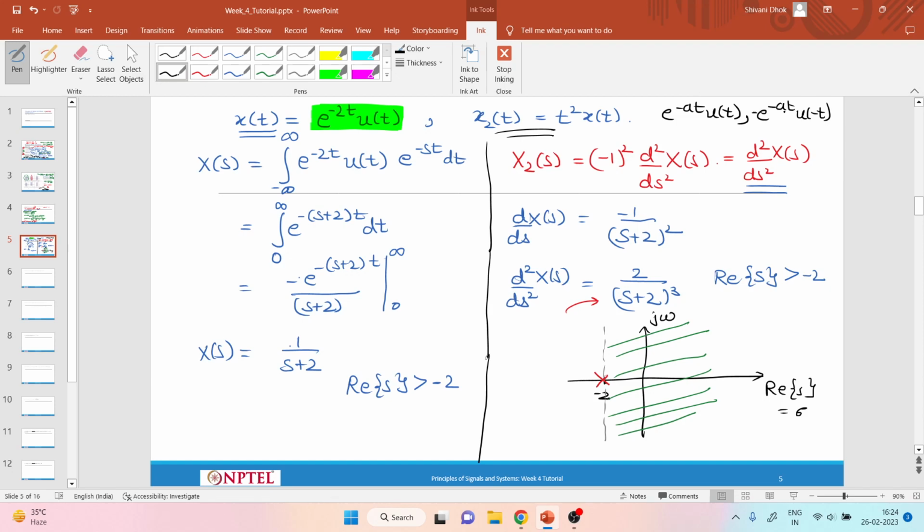So if I am having a well known signal, which is something like an exponential in this case, repeating the entire process of finding the Laplace transform using this equation becomes a tedious job. Instead, I have a simple trick: I can just differentiate the simple 1 by s plus 2 function, and find the Laplace transform without integration and other stuff.